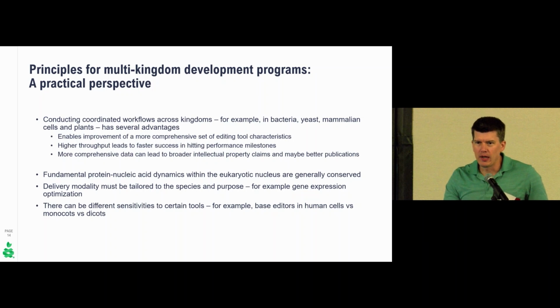Some lessons on what I just shared with you, as well as a lot of the other tool development work that Pairwise has done. The first thing is that if you have the capability in your organization to set up a coordinated workflow that involves multiple systems such as yeast, bacteria, mammalian cells, and potentially plants, if you can coordinate that into a pipeline, you have some significant advantages.